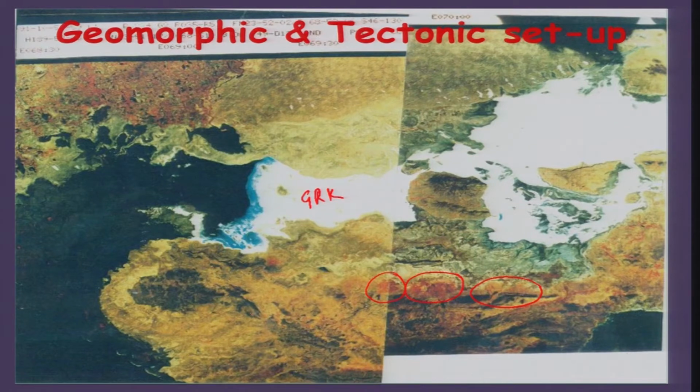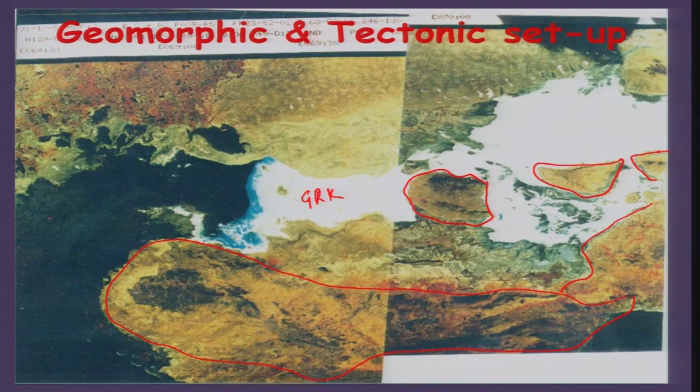But let me tell you that along with these dark patches, the whole portion which I am marking right now is rocky. This is also rocky here. Of course, there will be some thin veneer of sediments covering this rocky region, but these are all rocky.